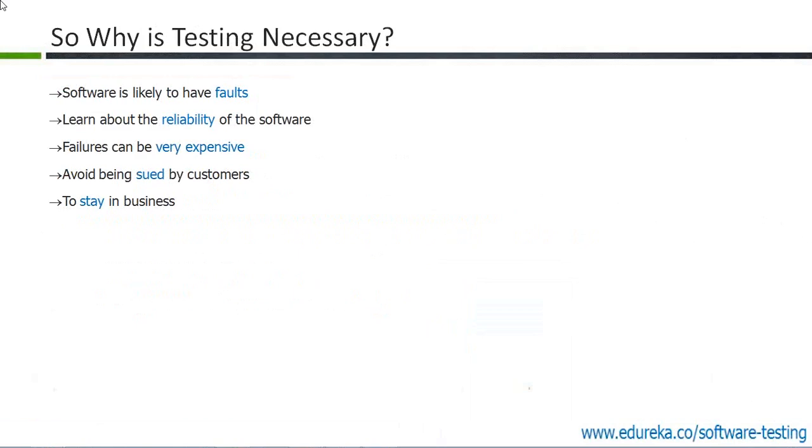Now, thirdly, failures can be very expensive. What do you mean by that? See, the earlier the defect that you identify, the expenses will be very less. The later you take to identify your defects or your bugs, the cost of the application will be more.